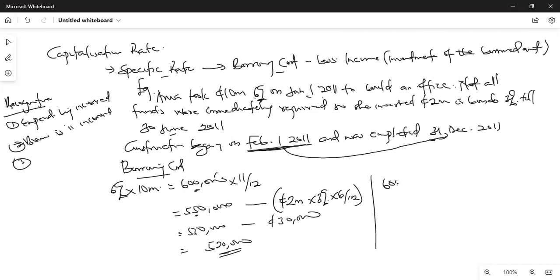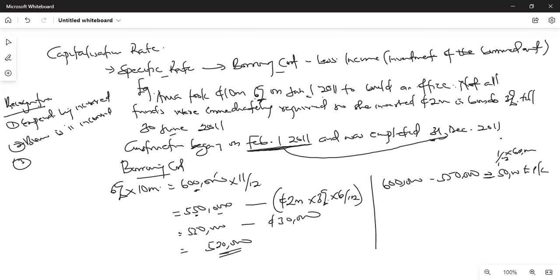So 600,000, we recapitalize 550,000 at this instance. We are now going to treat the 50,000 to P&L as finance cost. That is the 1/12 out of the 600,000.